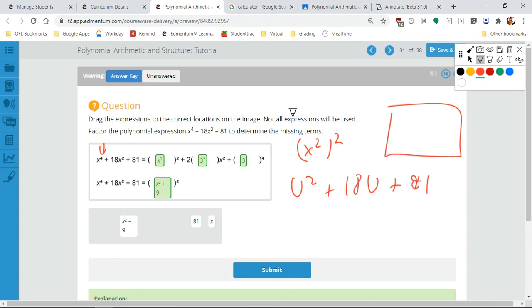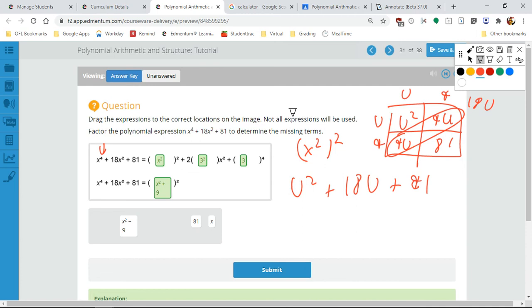I was already factoring it in my head, I'm sorry. And then here you're putting like u squared. So, okay, so u squared is u times u. And then we have 81. This is 18. So I'm going to try 9 and 9. Well, 9u plus 9u. That definitely does equal 18u. So this works out.